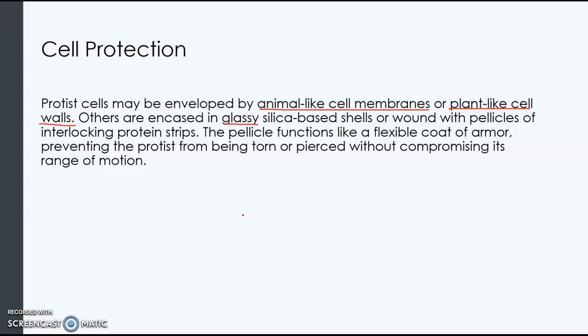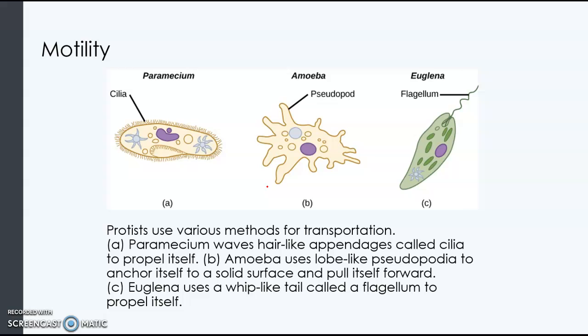or they can be wound with pellicles, and pellicles are like a coat of armor. So we will see different types of outer protection in the protozoans. Now, these top three pictures A, B, and C are the protozoans that we look at in lab most commonly in Bio 112.